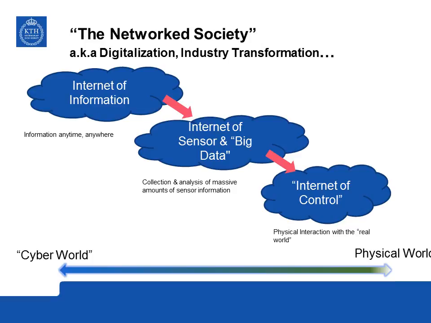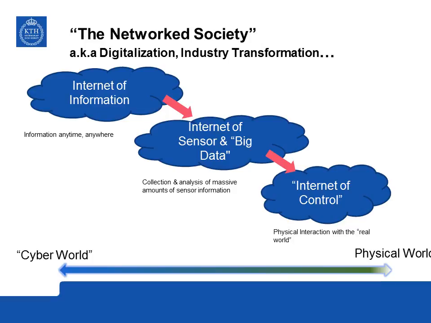The first stage is about moving from communications between humans to moving information around. The Internet of Information is about information anytime, anywhere. We need access to bank transactions, important documents, but also purely recreational stuff like movies and music entertainment.